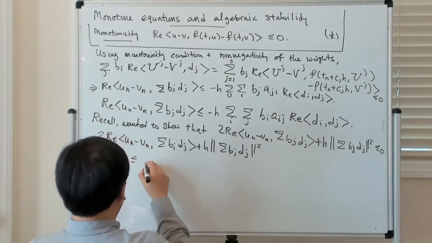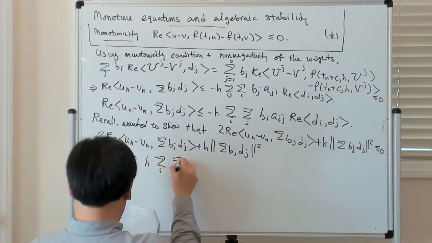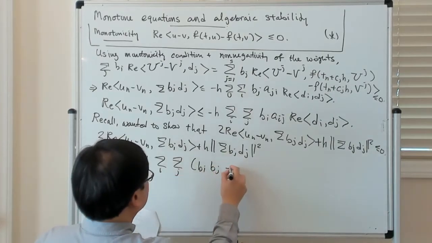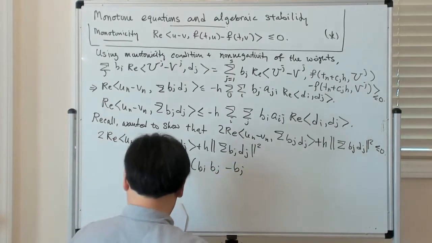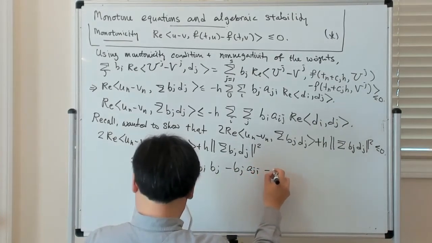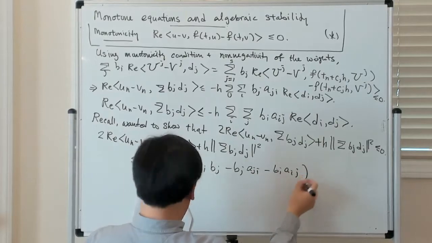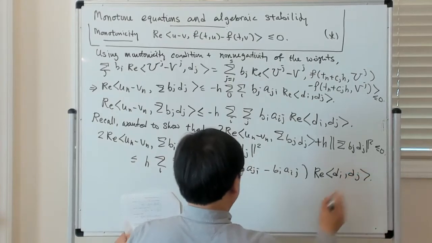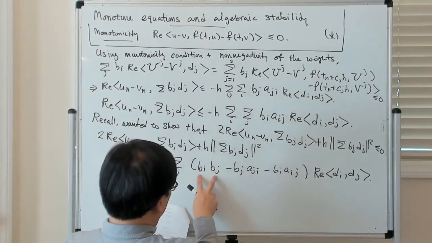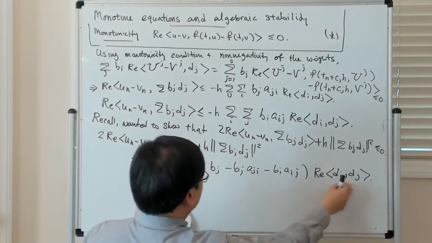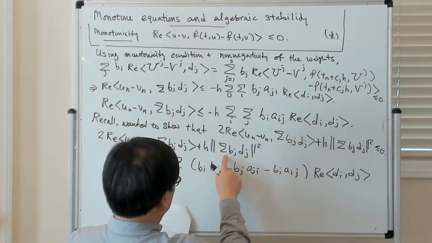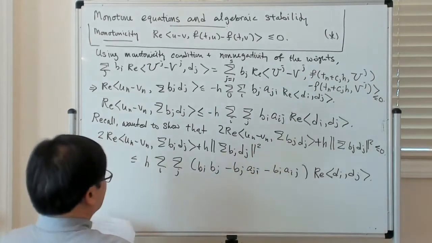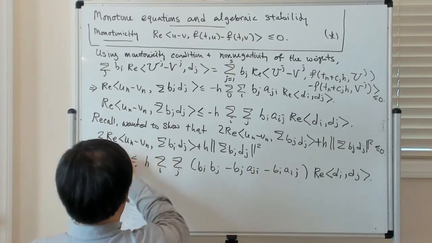So this is less than or equal to h sum over i, sum over j of (b_i b_j minus b_j a_ji minus b_i a_ij) multiplied into the real part of ⟨d_i, d_j⟩. All right, so this sum over i and j of b_i b_j real part of ⟨d_i, d_j⟩ term is nothing more than the norm squared of sum b_j d_j. And then these two just come from these two pieces here.